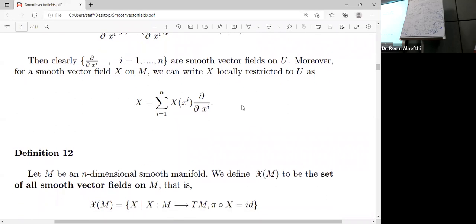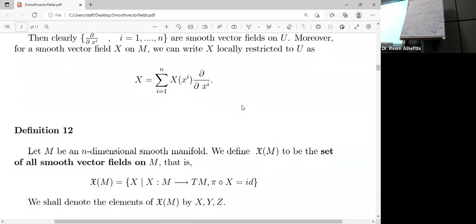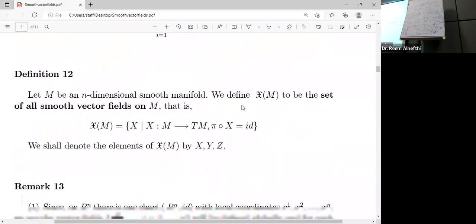Just put F inside. So locally, every vector field can be expressed as the summation of xi del by del xi. This is a local expression, of course.